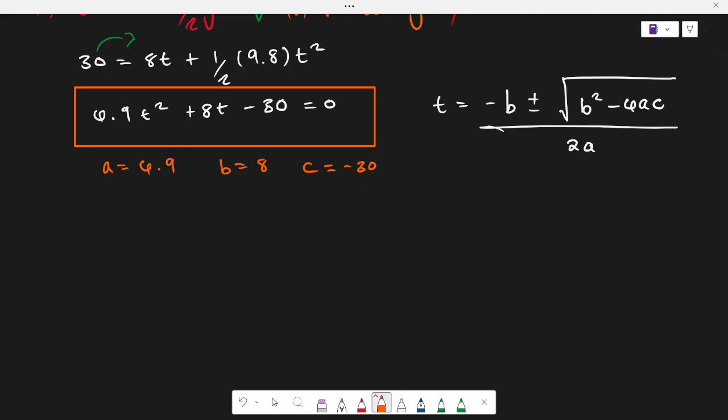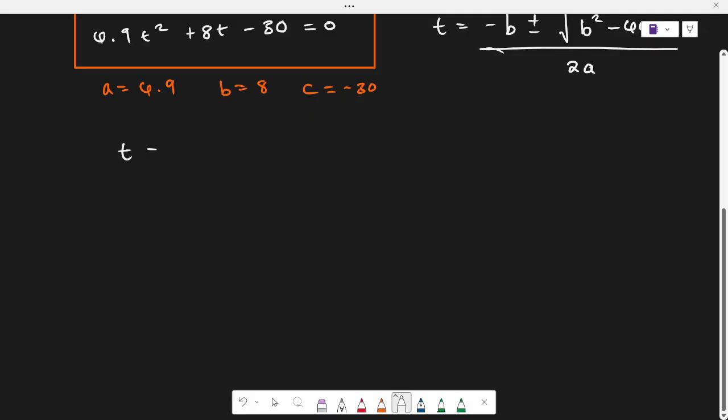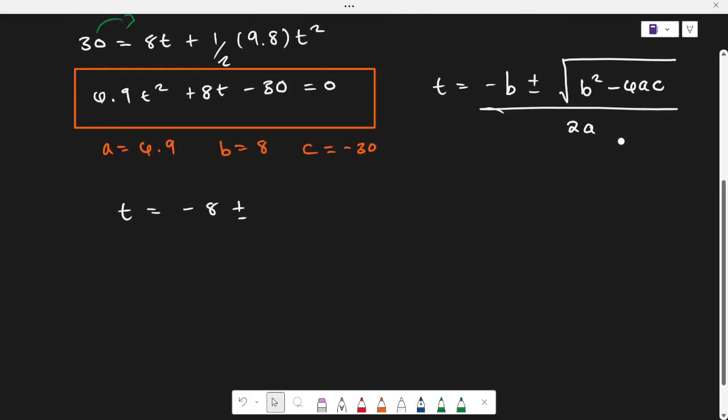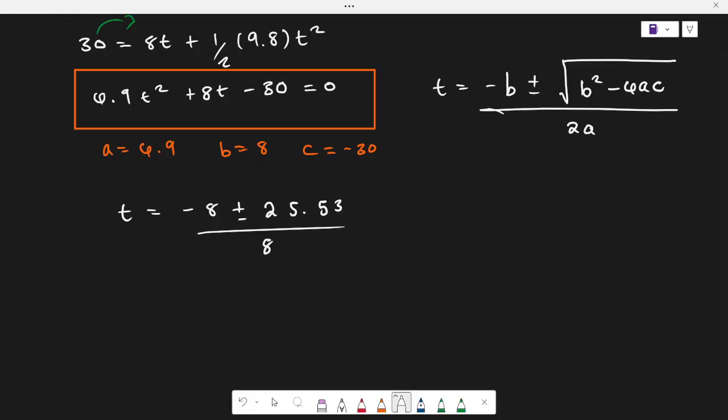Once we replace these values in there and skip a few steps, we arrive at this point: t is equal to negative 8 plus or minus the square root, which gives us 25.53, over 8.